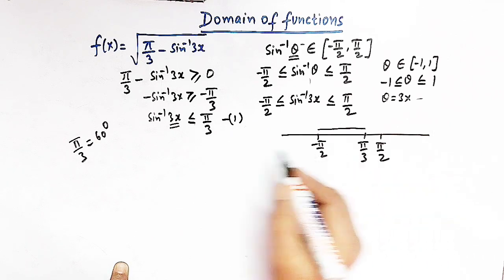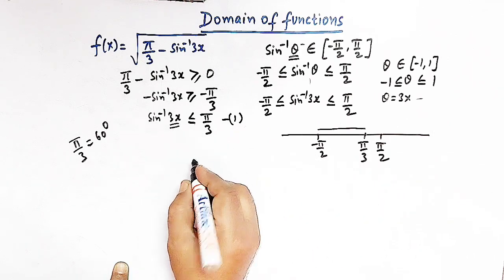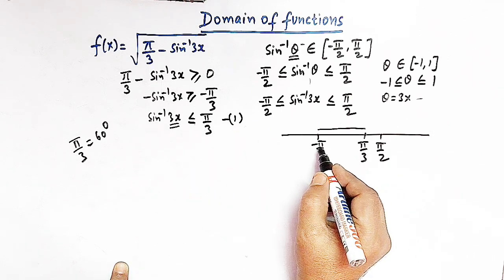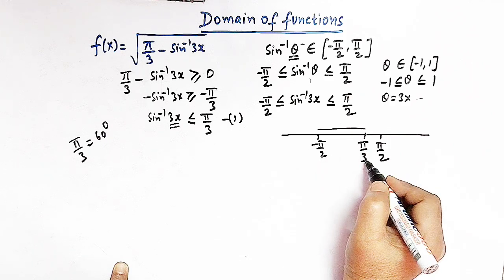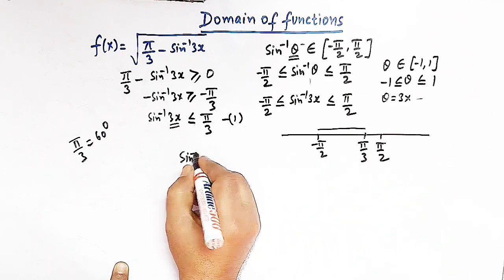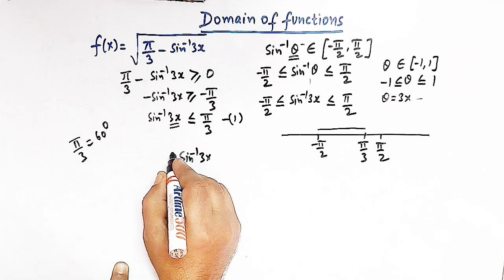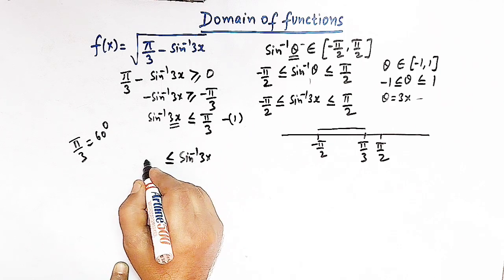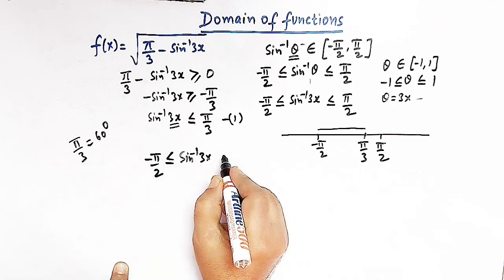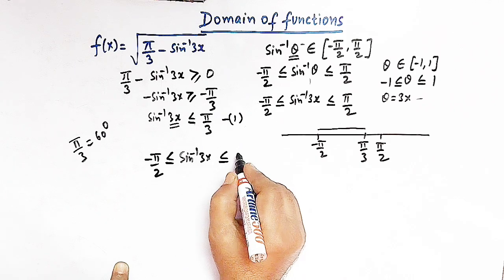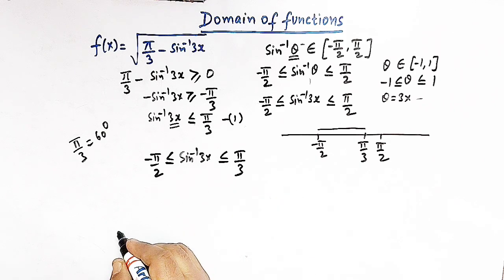So sine inverse 3x has to lie between minus pi by 2 and pi by 3. We can now write sine inverse 3x greater than or equal to minus pi by 2 but less than or equal to pi by 3.